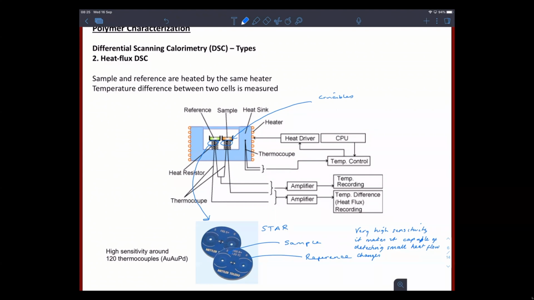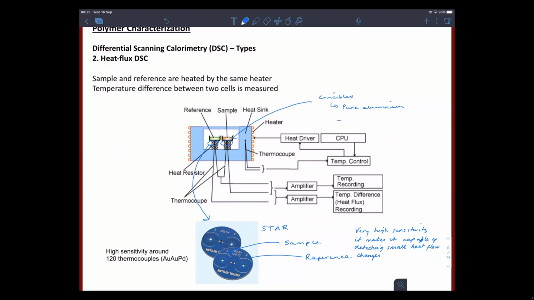So it really depends on the application. Now, most crucibles are made of pure aluminium, which ensures good thermal conductivity. There are about 25 different types of crucible available.